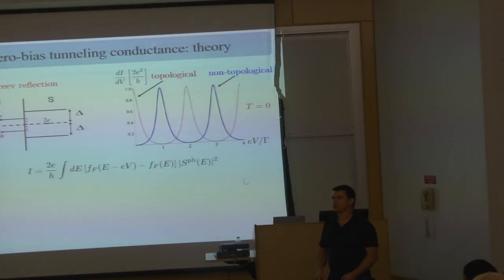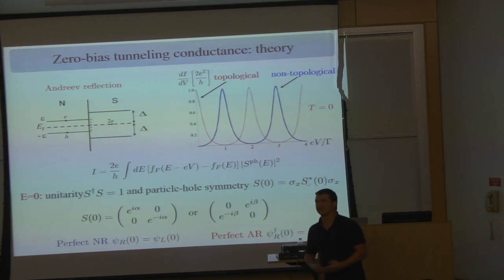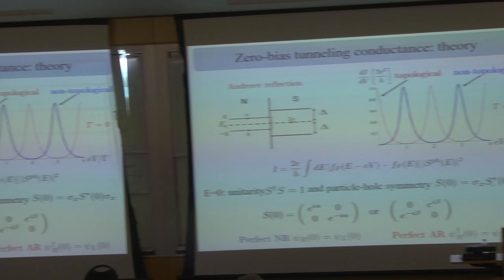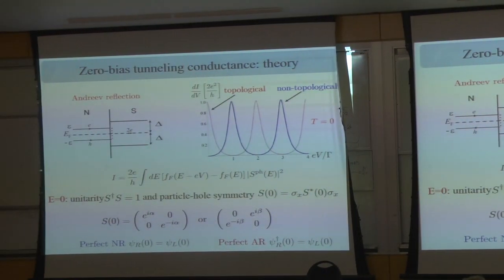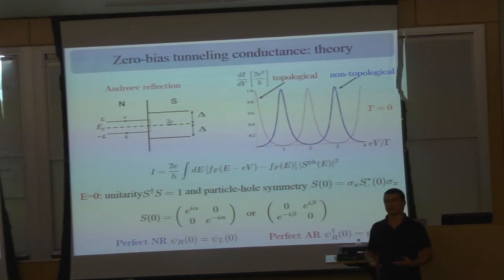And this is actually a very robust statement. It has to do with unitarity and particle-hole symmetry of the scattering matrix. So the scattering matrix, which characterizes transport, is heavily constrained by these two conservation laws.